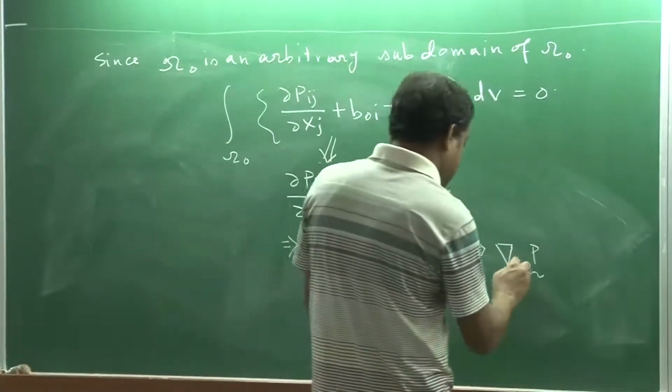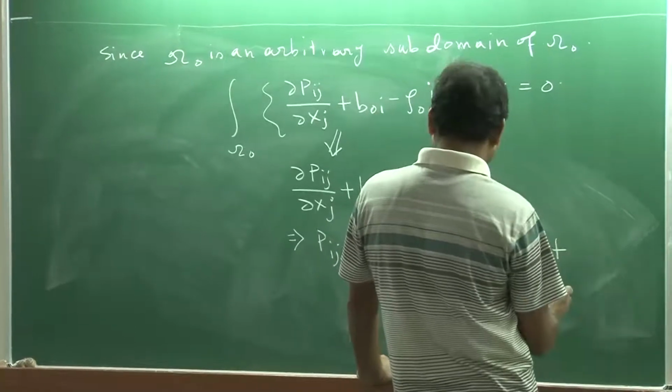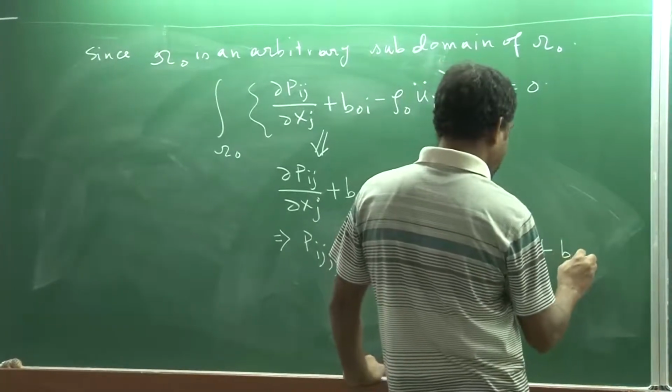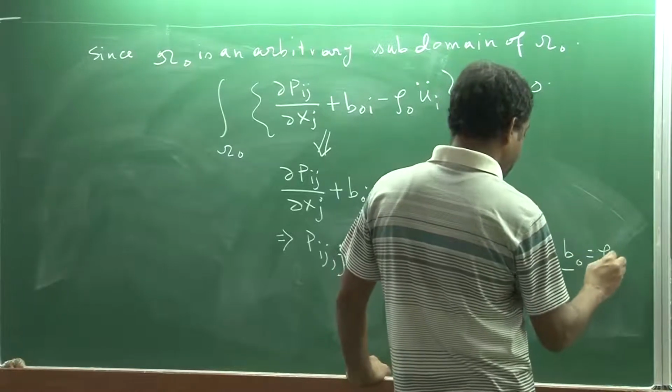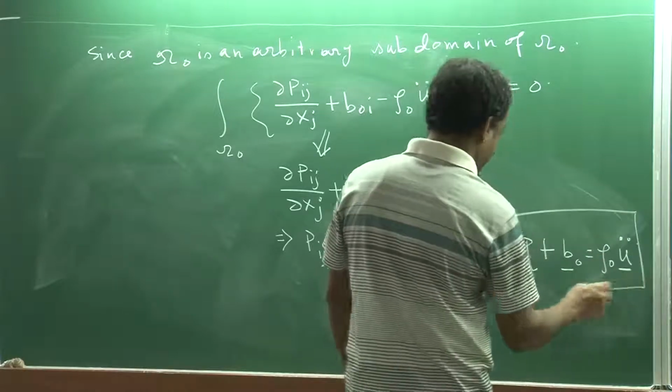So, it will be del 0 dot P plus b 0 is equal to rho 0 u double dot. You understand, this is the linear momentum balance.